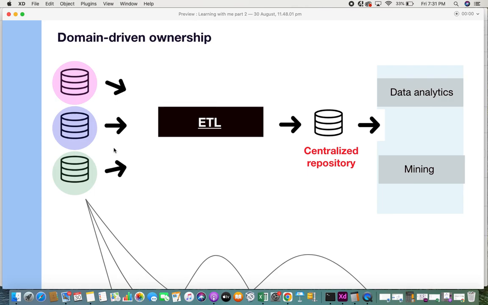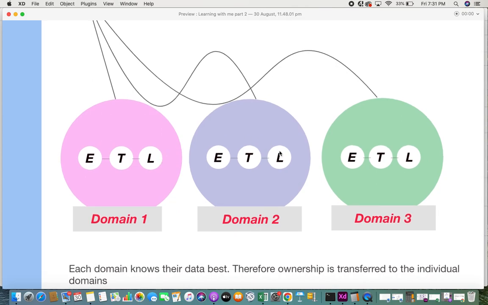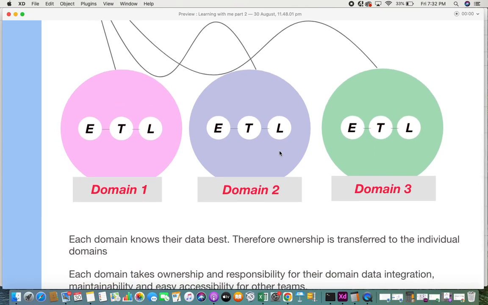So the best thing that was done is that this was decentralized, and every data domain takes care of their data, because they know best how to manage their data, where their data comes from, how they need to store their data, and for what purpose their data gets used. So keeping all this in mind, every domain takes charge of their own data.